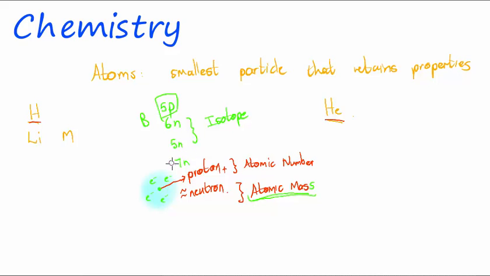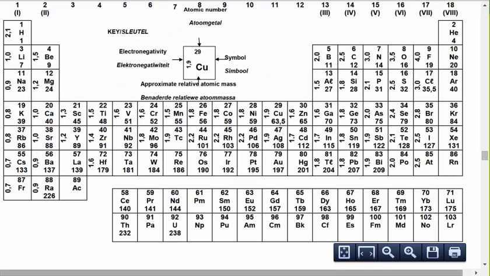So what they do in reality, notice some of the values, like chlorine is 35.5. That's weird. How can you have 17 protons and then 18 and a half neutrons? You can't have half a neutron.